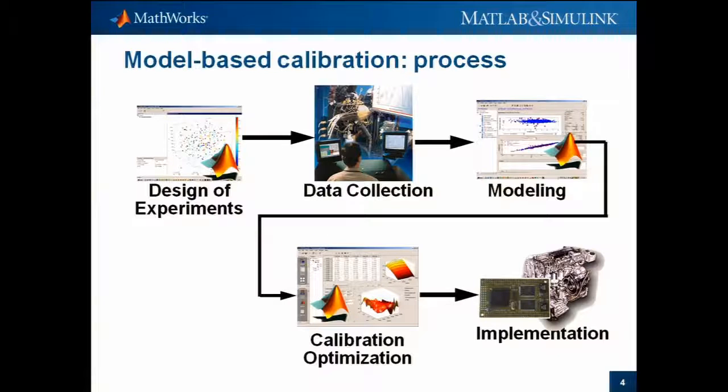So step one, design of experiments, talks about how we're going to plan the tests that we're going to run on the dynamometer. Some of you will have used DOE for engine applications. Some of you may have used DOE for completely different applications. You then go and collect the data, and the third step is the modeling step.